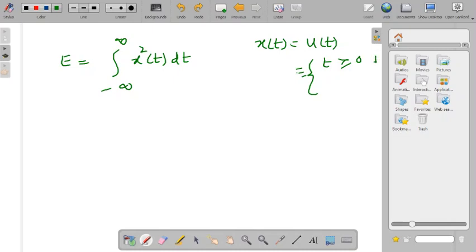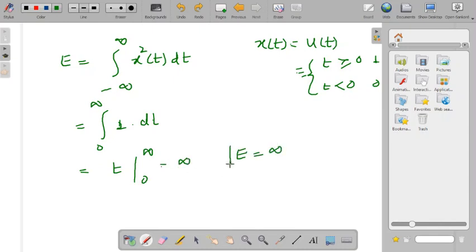Okay, this is 1, and for t less than 0 it is 0. So therefore my limits of integration will be from 0 to infinity 1, okay, amplitude is 1, dt. Okay, and after simplification I will get t, and I am putting limits 0 to infinity, so energy is coming out to be infinite. So energy of this unit step signal is infinite.